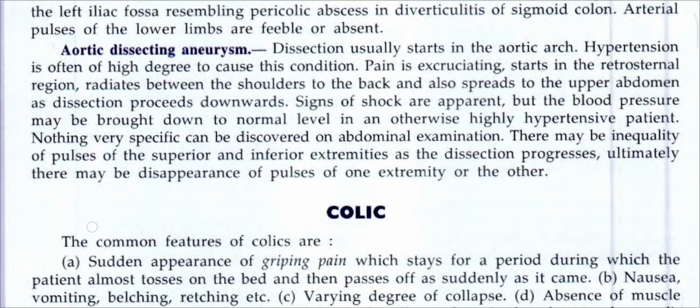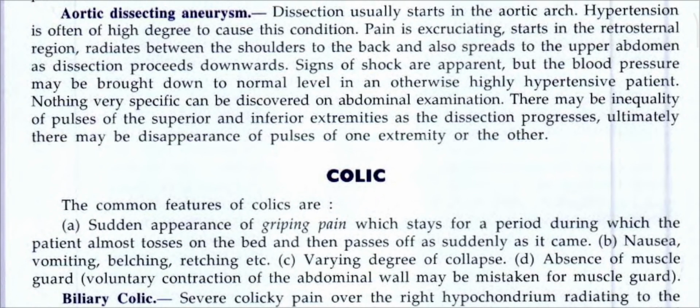Aortic dissecting aneurysm. Dissection usually starts in the aortic arch. Hypertension is often the predisposing cause of this condition. The pain is excruciating, starts in the retrosternal region, radiates between the shoulders or to the back, and also spreads to the upper abdomen as dissection proceeds downwards.